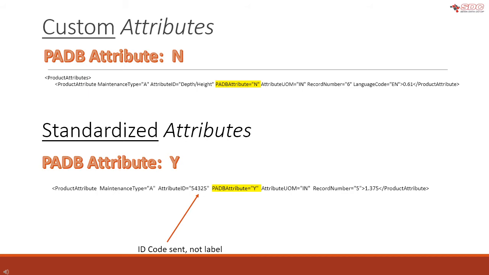They will just not have a PAID assigned and will be flagged as PADB attribute no, so that the receiver's system knows that the lack of ID is intentional and to go ahead and process the attribute with the label only. Sometimes creating a custom attribute is necessary, but when possible, we always want to go with a standardized attribute.